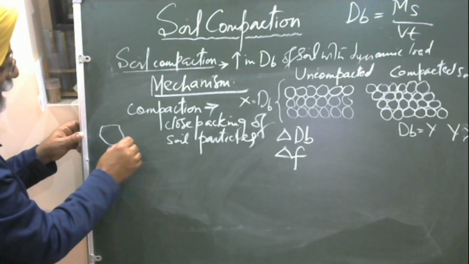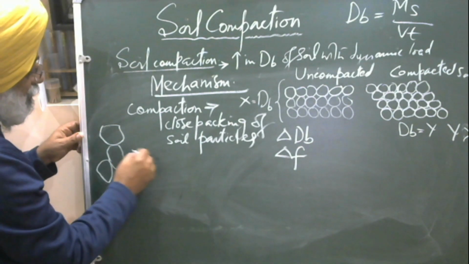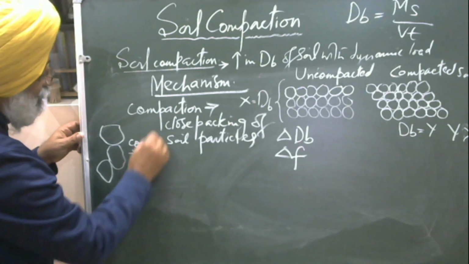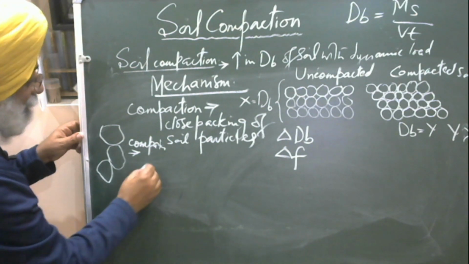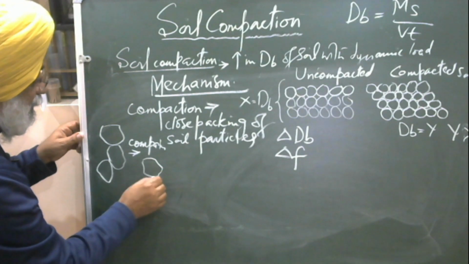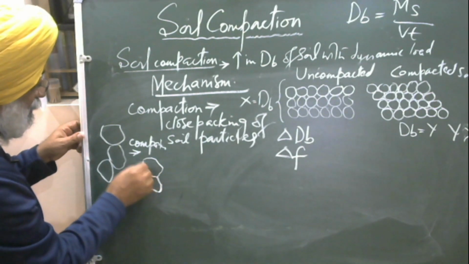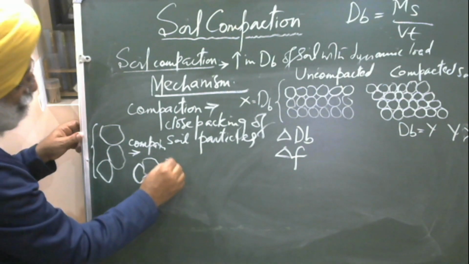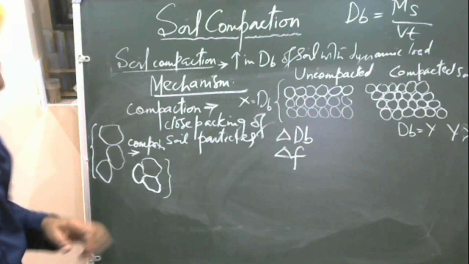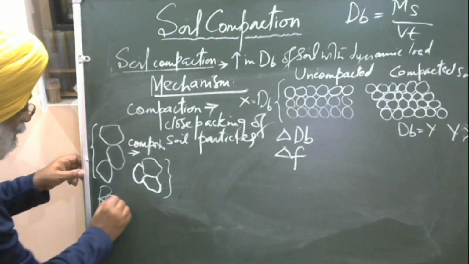Now when you are compacting it, the particles could get rearranged in this manner. Earlier this was the volume, now this is the volume. This is just a rearrangement of particles.